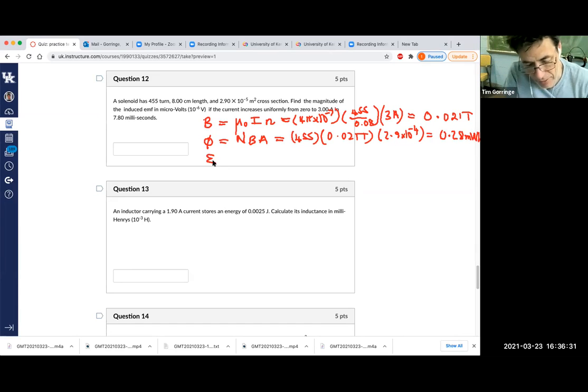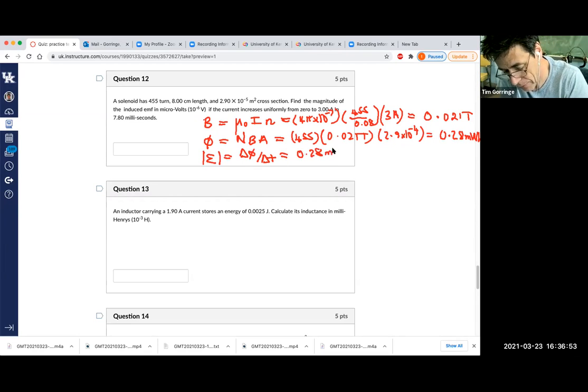Finally, the EMF. The magnitude of the EMF is the change in flux divided by the elapsed time. Well, the change in flux is 0.28 milliwebers.